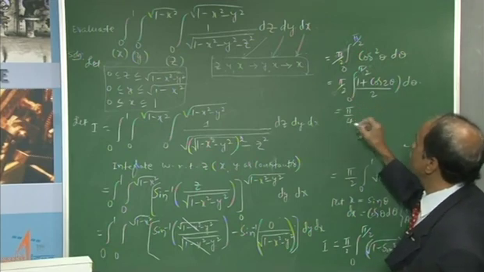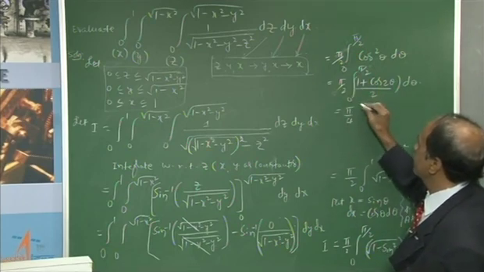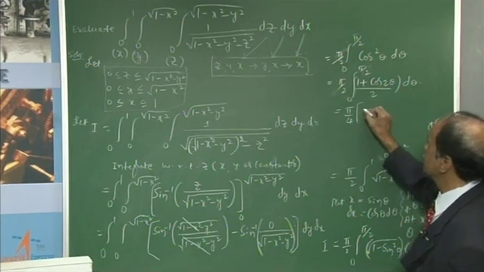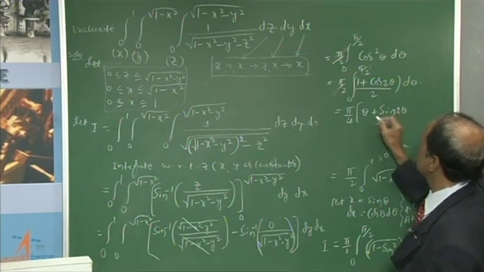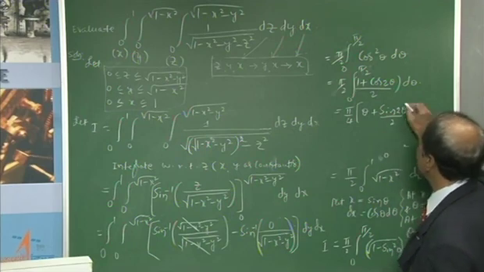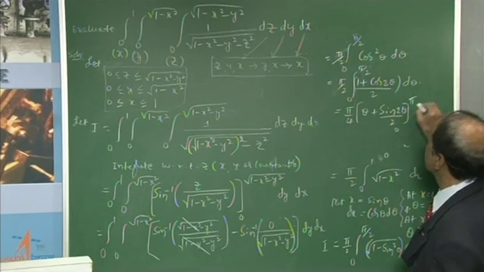So, pi by 4 and the integration should be theta plus sine 2 theta divided by 2, carrying the limits 0 to pi by 2.